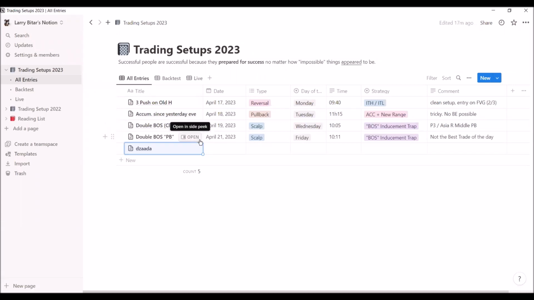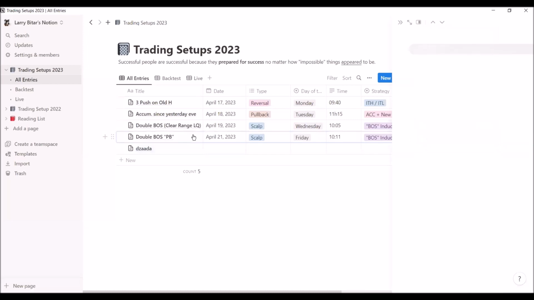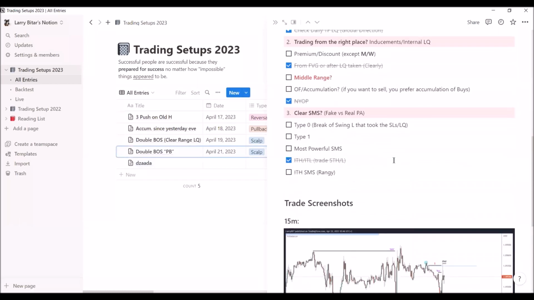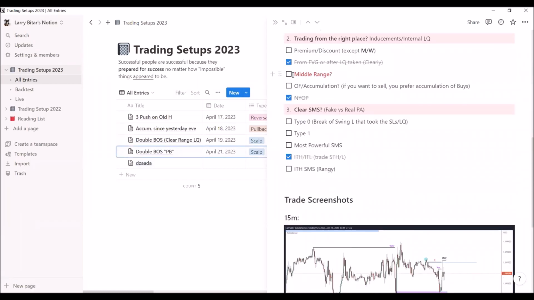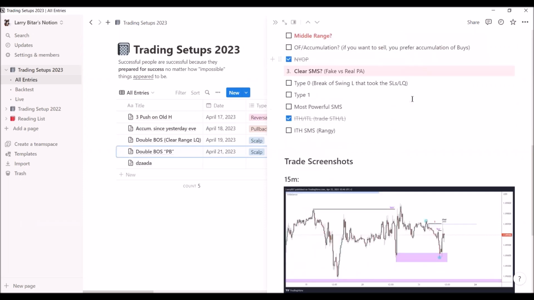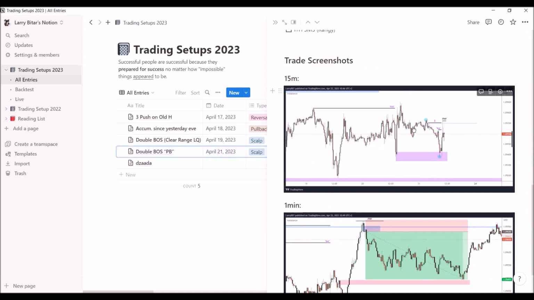So it was not the best trade of the day, but I still caught a decent trade. Not the best trade because I was trading middle range, okay? And I don't like to trade middle range.